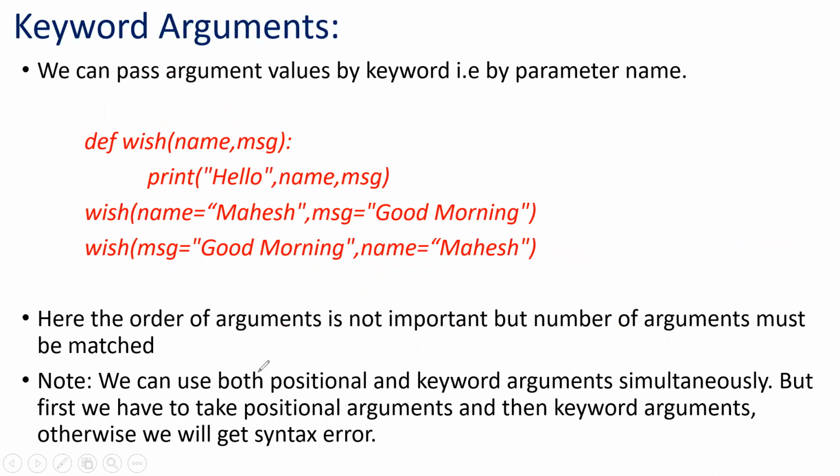We can use both positional and keyword arguments simultaneously. Okay. But first we have to take the positional argument and then the keyword argument. Now I want to take both positional as well as keyword. So positional means we should not use keyword, simply we need to define. So both positional and keyword, but first we have to take positional argument.